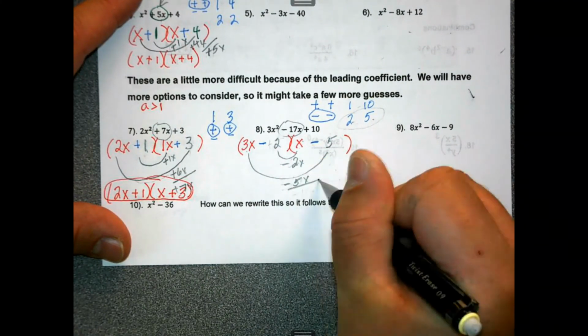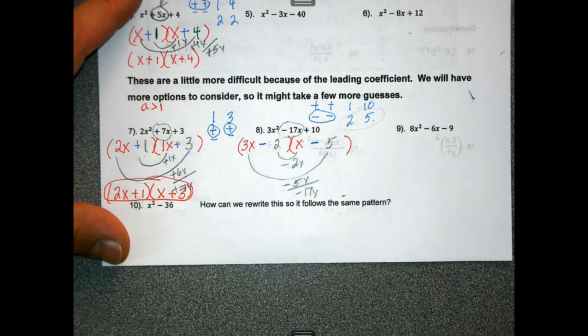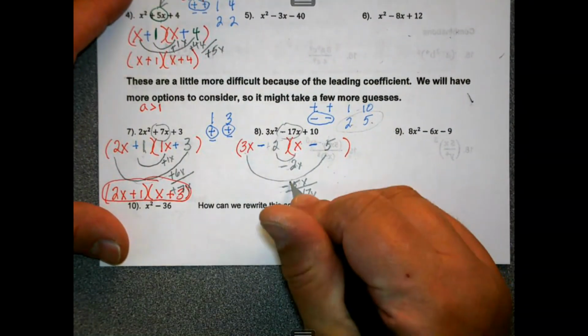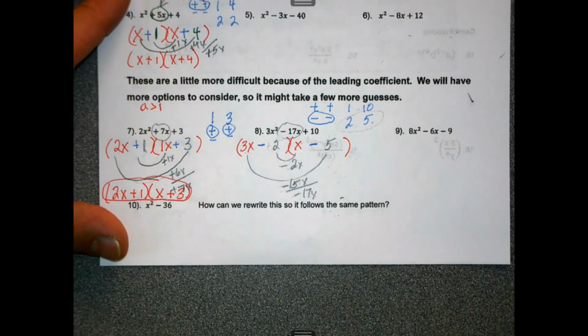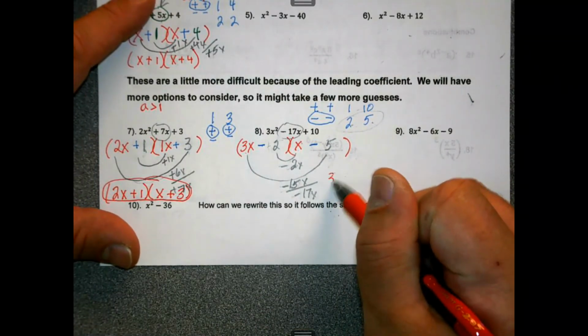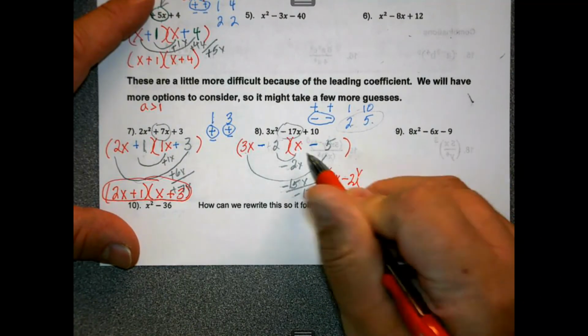Add those together, I get my negative 17x. There's my answer. Negative 15, sorry. So that's my answer. It's 3x minus 2 times the quantity x minus 5.